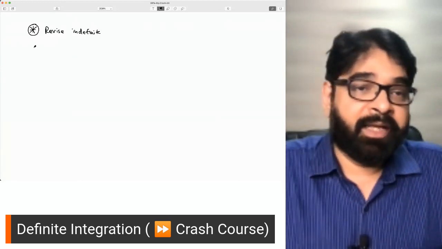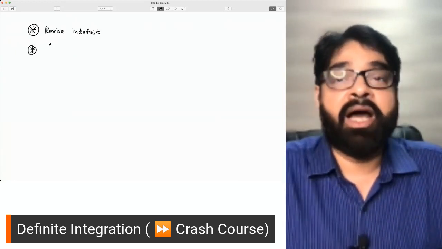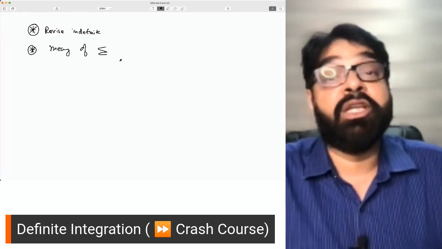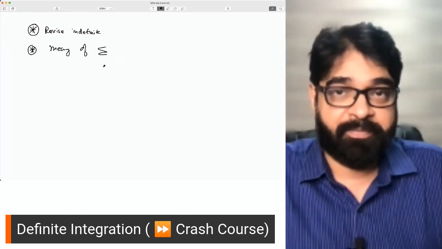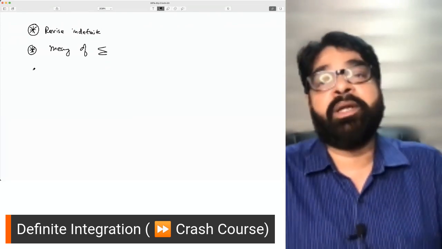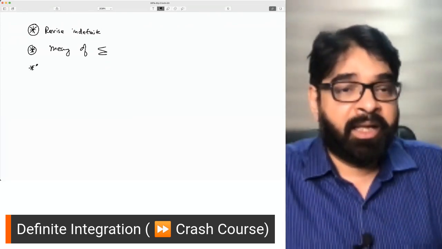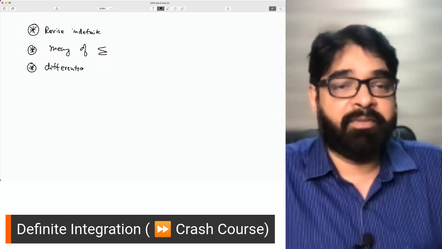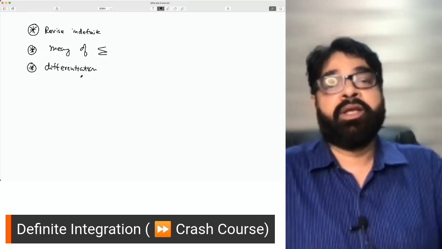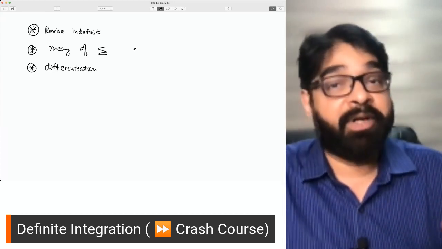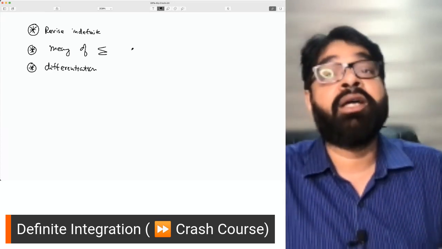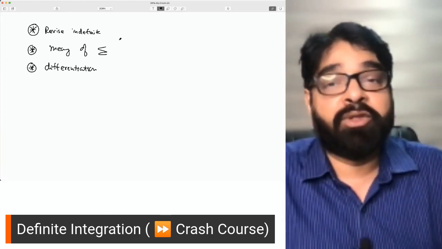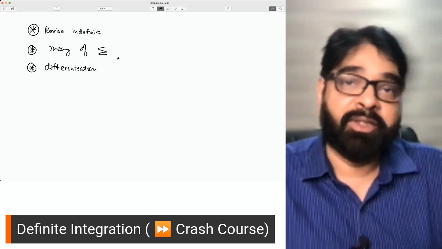Next, you must understand the meaning of sigma, because we are going to use limit as a sum in definite integration. We will also see differentiation, which you should know because it will be used in the next lecture. In the next, we'll see the application of the reduction formula and the differentiation method for solving definite integration. All those cases we'll be discussing.